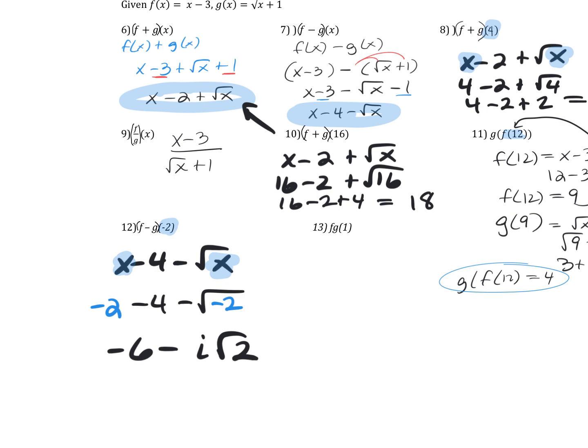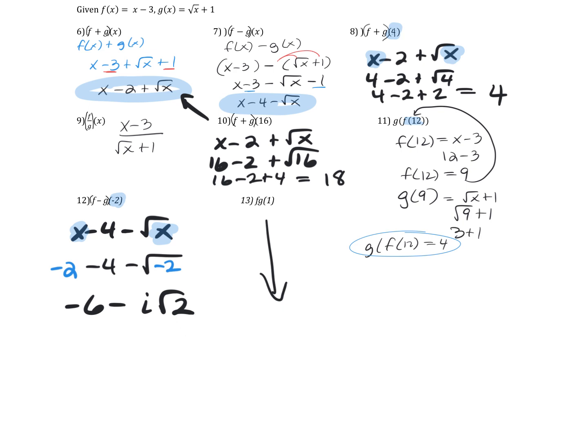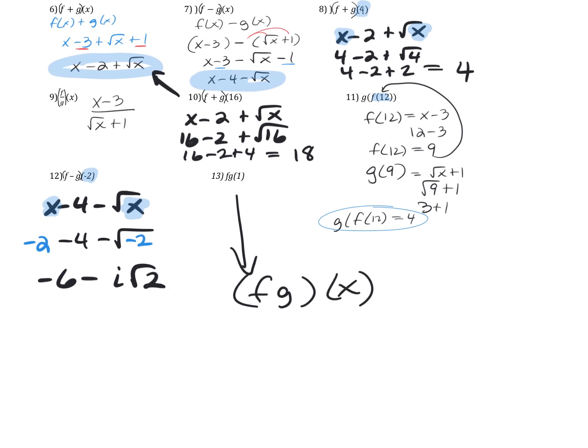And then the last one wants me to multiply. Now I'm going to show you two ways that you can do this. Let's say they said to do just f of g of x without a 1 there. So what you would have had to have done is taken x minus 3 and then the square root of x plus 1 and FOIL this.